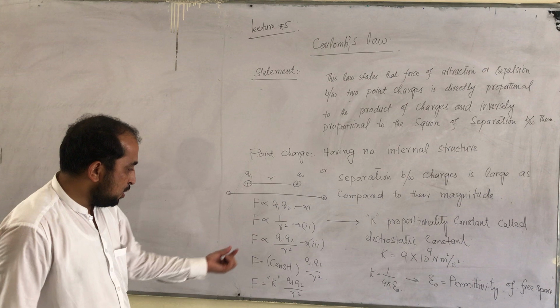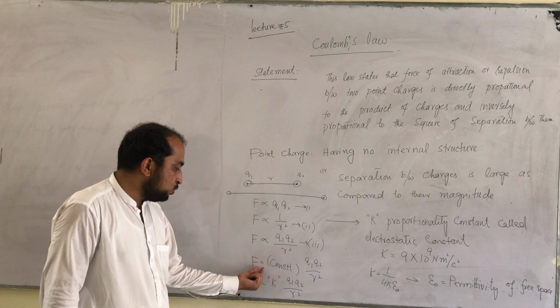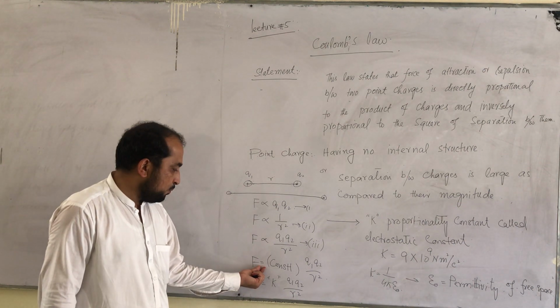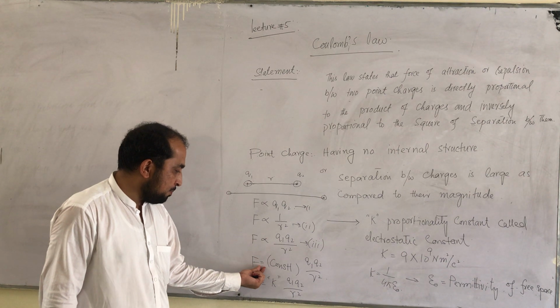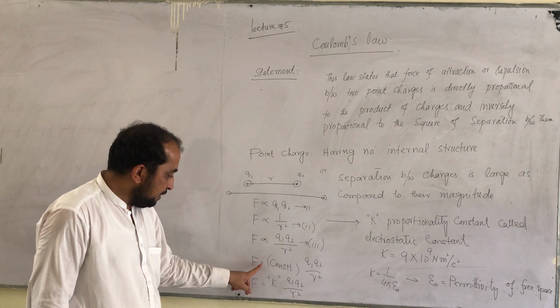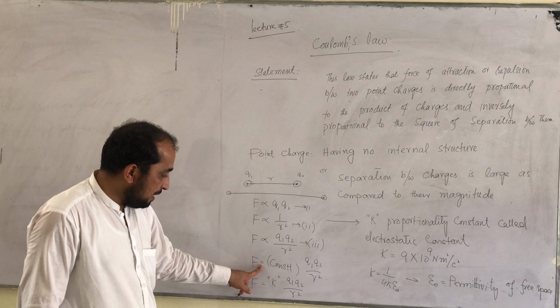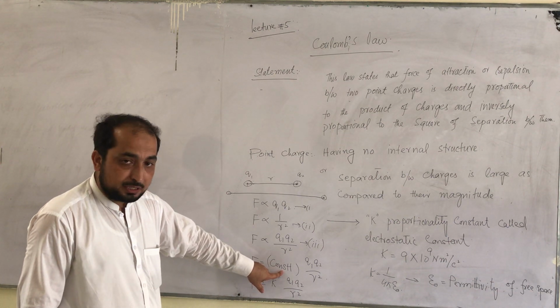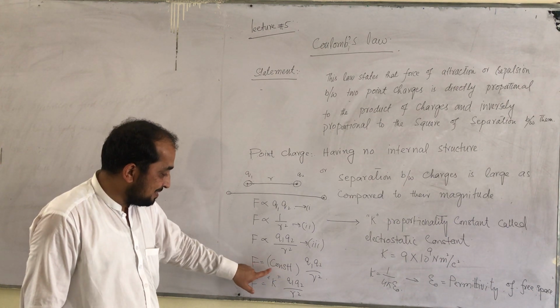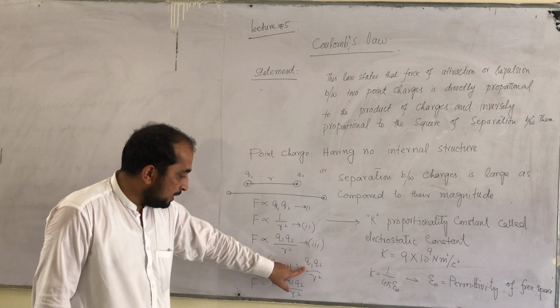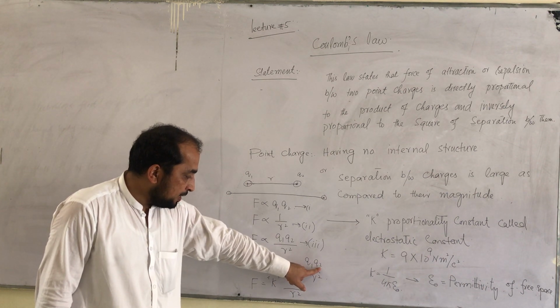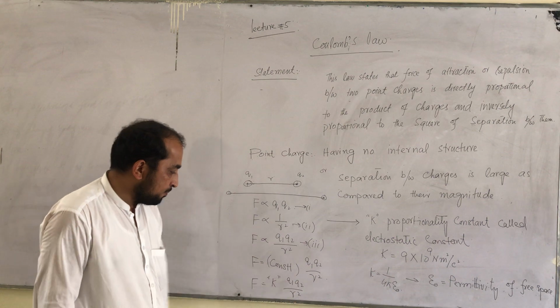Now we will change the proportionality sign into equality. So a condition must be applied. We will put the equality sign along with some constant. So this constant multiplied by Q1 multiplied by Q2 divided by R square.